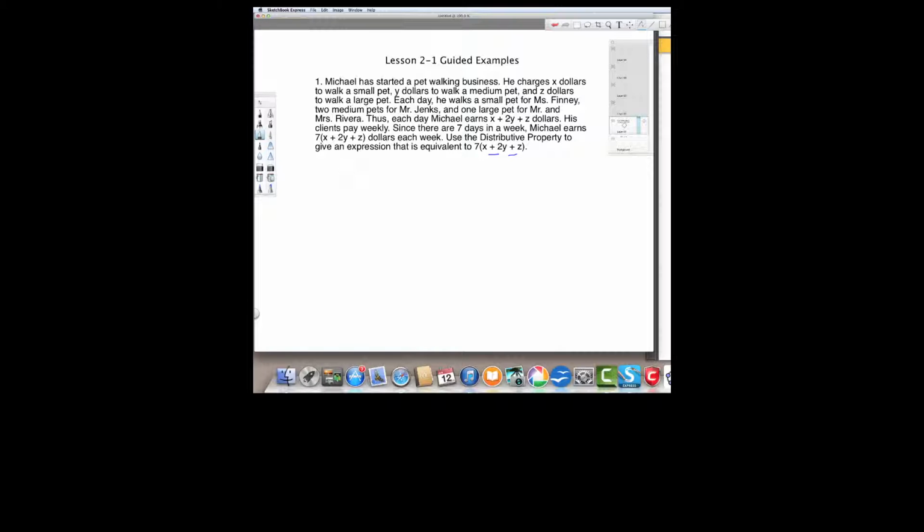So the distributive property tells us that 7 times (x + 2y + z) is equal to, that's what equivalent means, 7x plus 2 times 7 is 14, that's 14y, plus just 1z, 1 times 7 is 7, so 7z. And we've done this. The guided example is done.